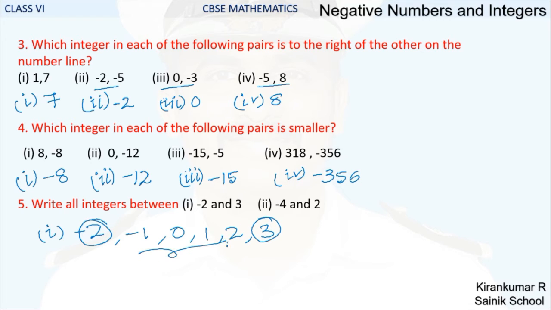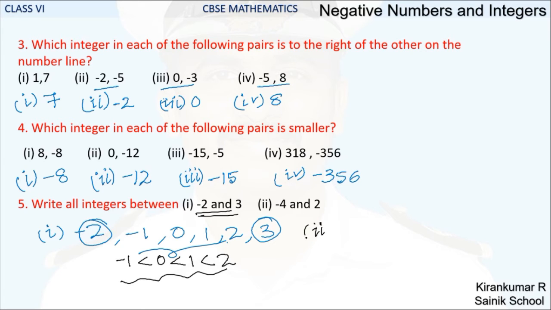So the numbers in between are minus 1, which is smaller than 0. Let me mention it again: minus 1 is smaller than 0, smaller than 1, smaller than 2. These are the numbers between minus 2 and 3.